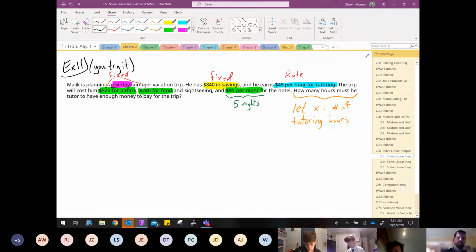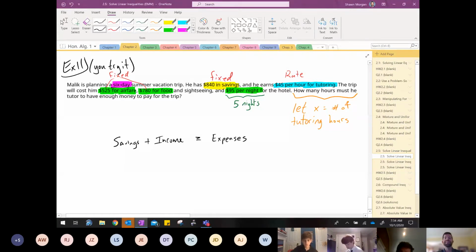Let me help you structure. Okay. We want savings plus income to be greater than or equal to expenses.